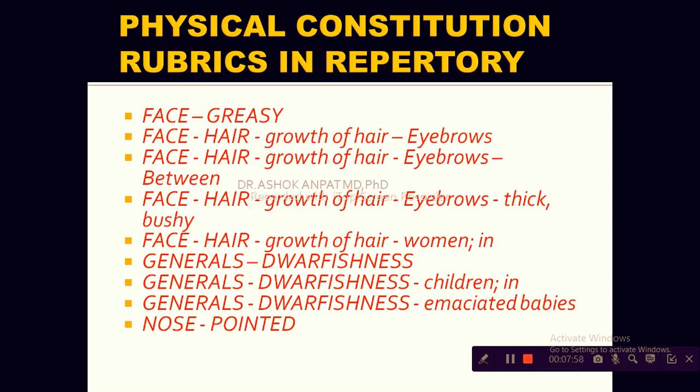But in this personality, there is hair between the two eyebrows also. It is continuous, like a malvat, as we say in Marathi, from the right side to the left side continuously hair is there. At that time we can take this rubric. Remedies like phosphorus come in it. So these are very confirmative rubrics.